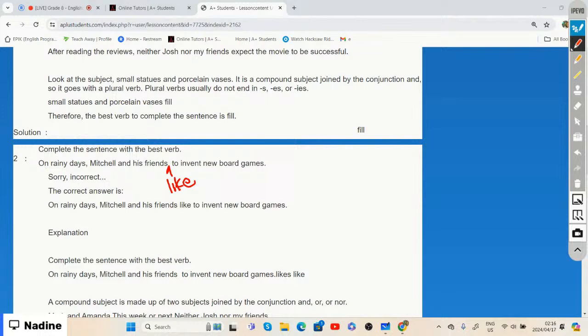So we basically had to add the base verb to complete that specific sentence, right?